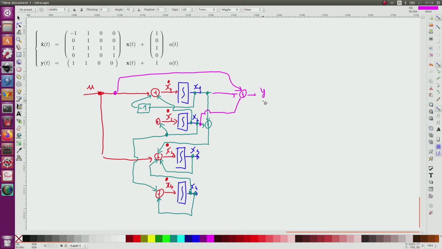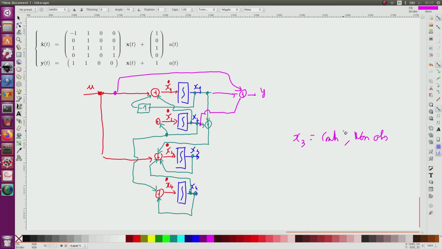I can understand that if I am in x3, I cannot reach y. There is no path to go from x3 to y. So it means that x3 is said to be non-observable. But since you can reach x3, you can influence the state and it will be controllable.